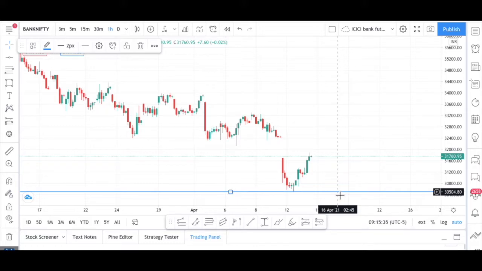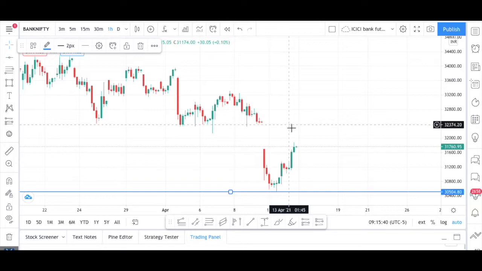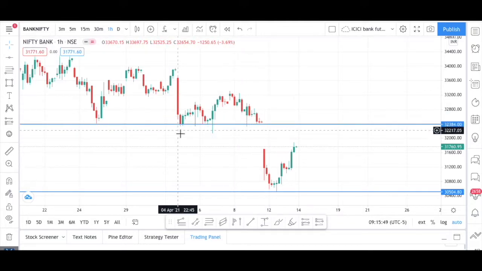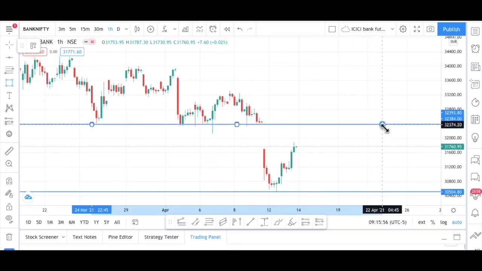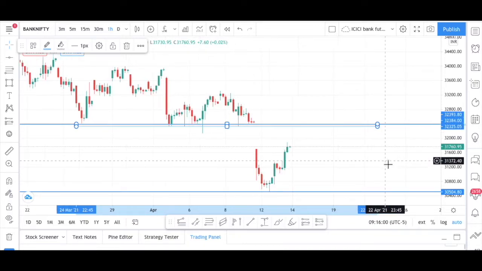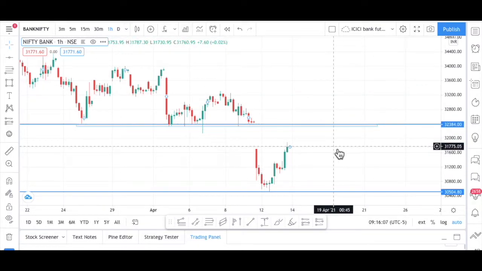So let me put one line here, and the next resistance that we can see for Bank Nifty if it starts moving up is this area over here, where I'm going to draw the line, the blue line, and this would be not just the trend line, it would probably be the small area over here, about 50 to 100 points, about 25 to 50 points. So these are the next major support and resistance on what we are getting on an hourly time frame.